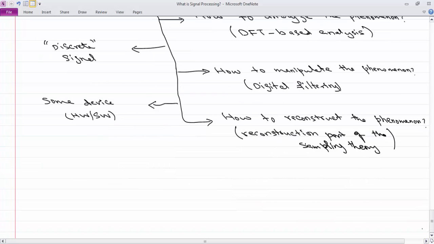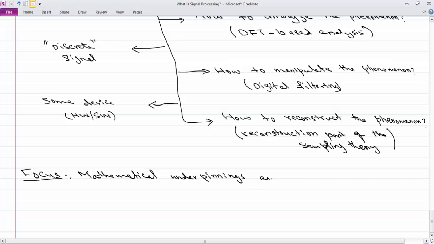Now, I want to just clarify one last thing. The focus of this class in this big picture is on the mathematical underpinnings and implementation in software.